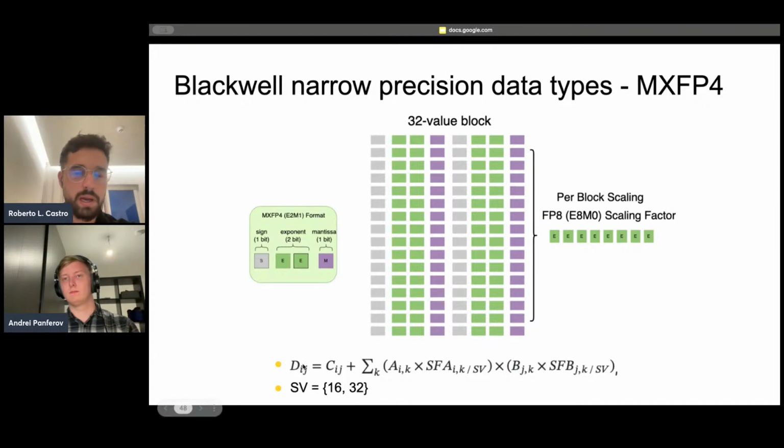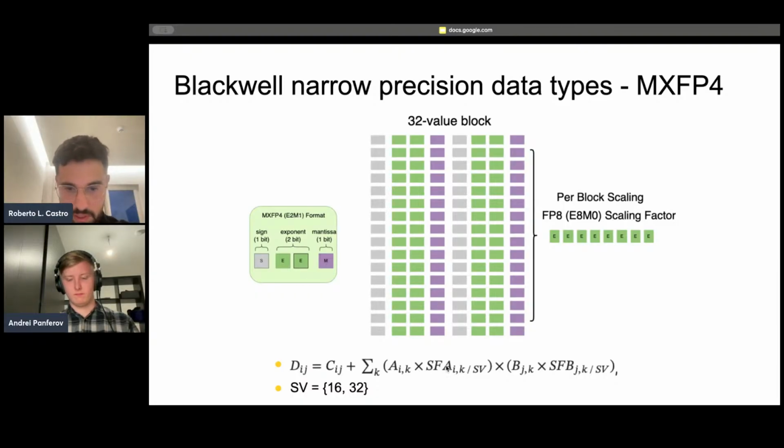In this new Blackwell architecture, we have hardware support to execute this kind of operation, where the A and B matrices to be multiplied are additionally represented by metadata information, which are these scaling factors. And this scaling factor is applied to the inner dimension of the matmul.